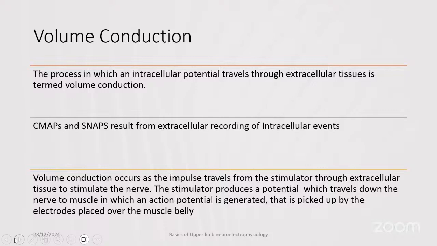This occurs as the impulse travels from the stimulator which you are applying, through the extracellular tissue, to the stimulated nerve. The stimulator produces a potential which travels down the nerve to the muscle in which the action potential is generated, and that is picked up by the electrodes placed over the muscle belly.